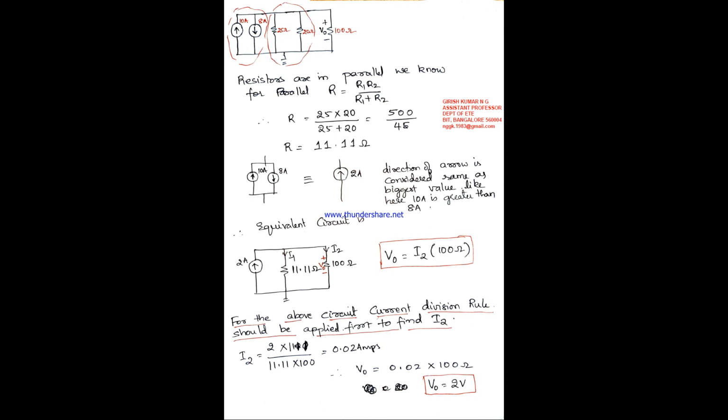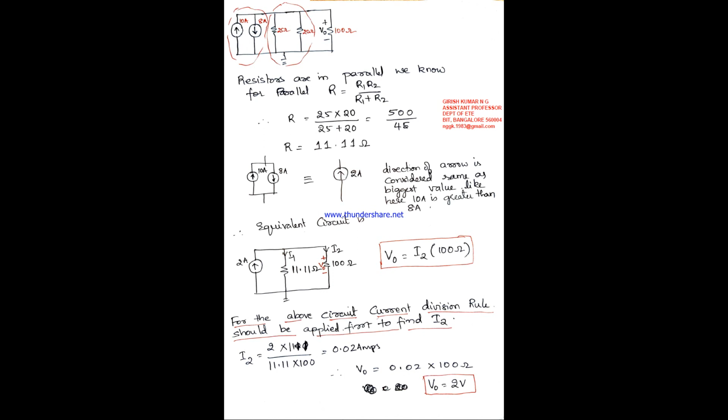Because mesh analysis and node voltage analysis all depend on the student's capacity of thinking, means how fast they think and how fast the methods are applied, so that the solution is obtained very soon. There are plenty of ways to find the solution, but the main thing in electrical circuit analysis is to apply the method so that the number of steps required is very less.